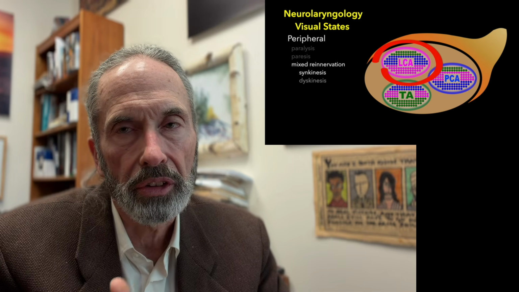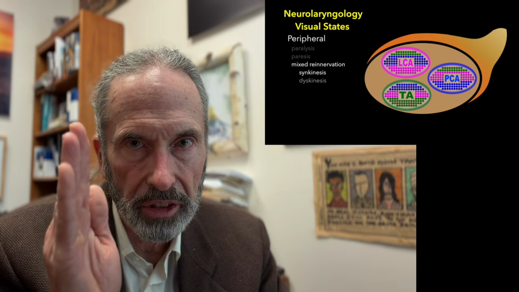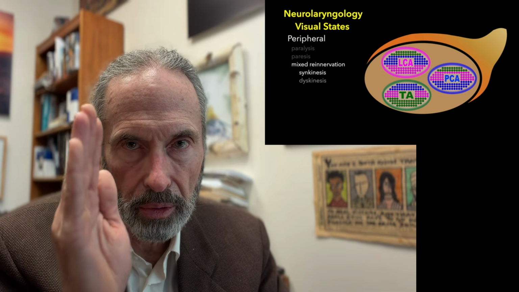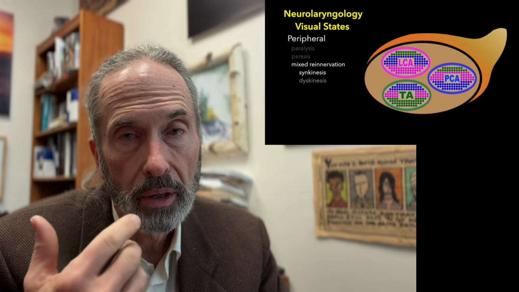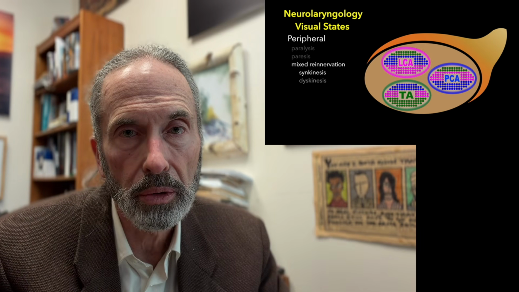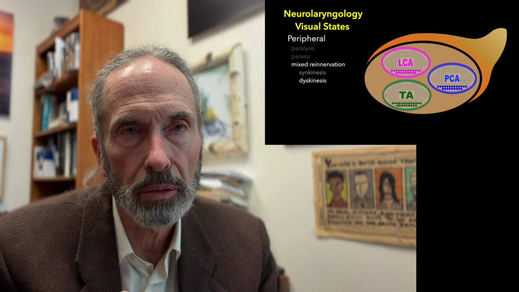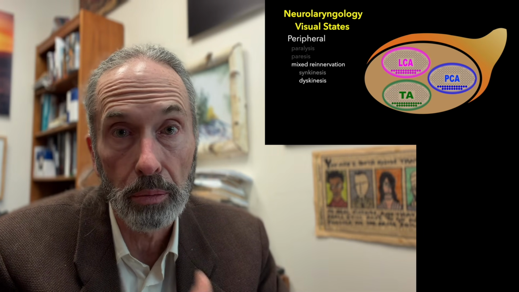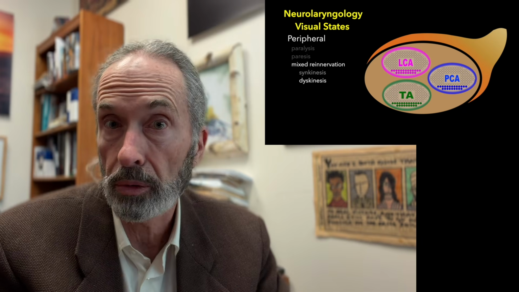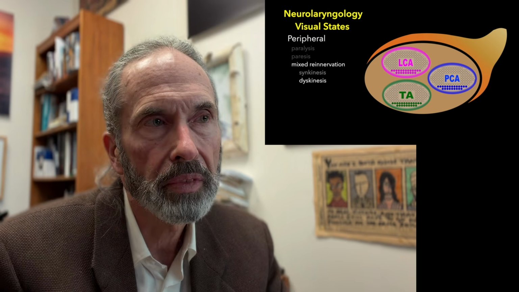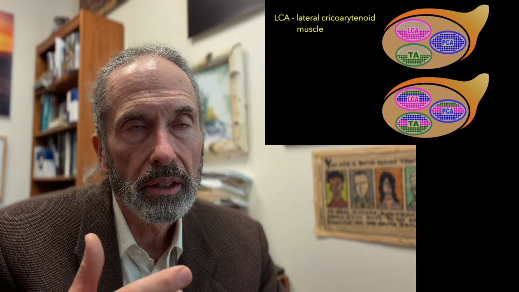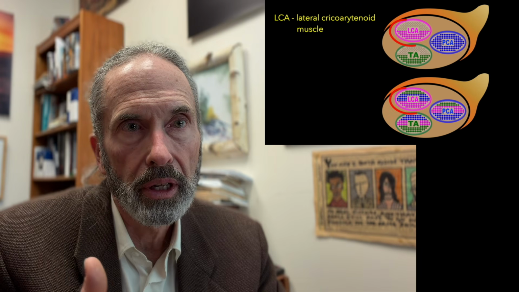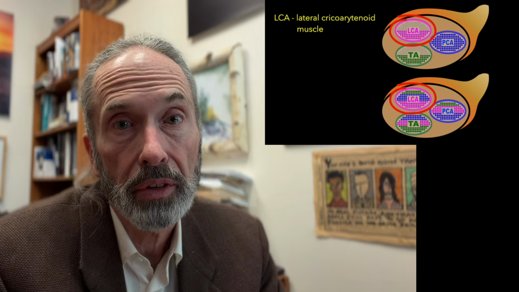One option is synkinesis, that we kind of get a tension of the joint where it doesn't move much, or we get actual motion in the wrong direction. If the PCA fibers completely go to the LCA muscle, it'll move in the wrong direction or at the wrong time. So that's dyskinesis.